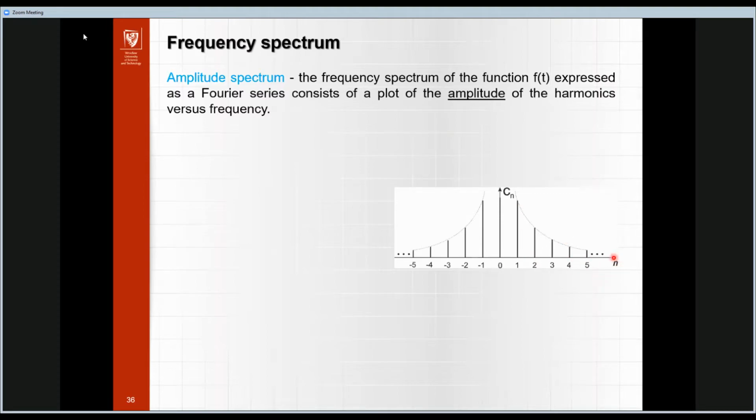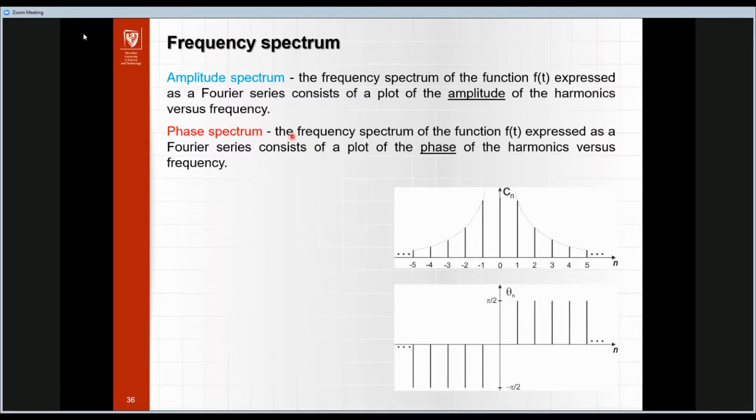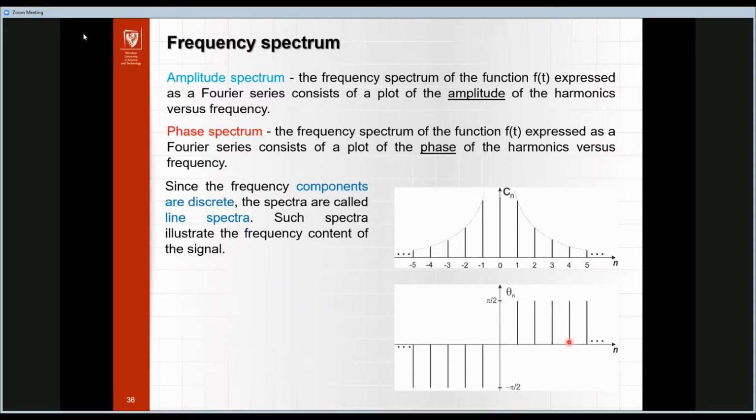We can also show it as a function of frequency, because n is connected with the frequency. And the phase spectrum: the Fourier series consists of a plot of the phase of the harmonics, of course, versus harmonics or frequency. Since the frequency components are discrete, the spectra are called line spectra. Such spectra illustrate the frequency content of the signal.